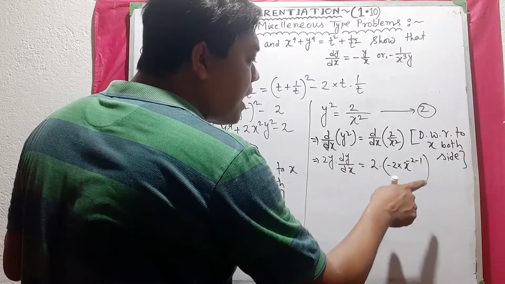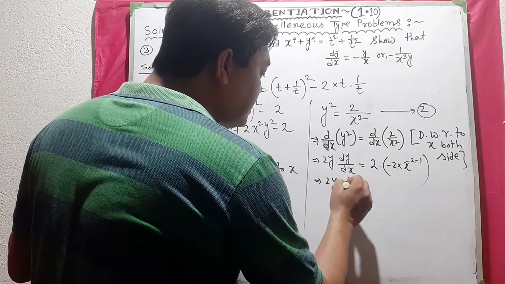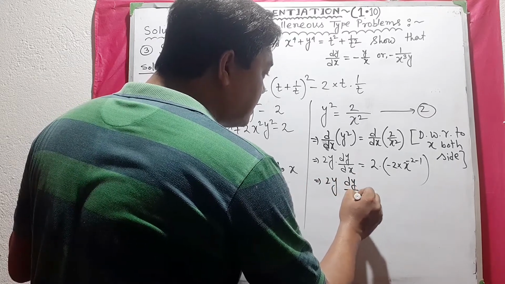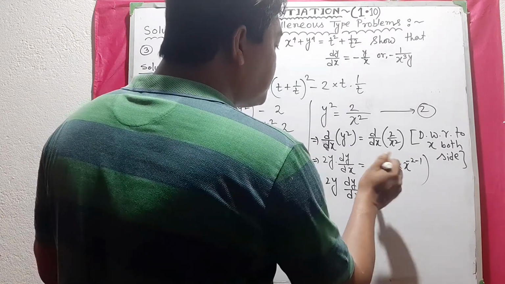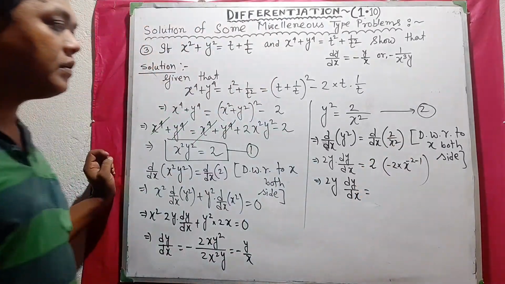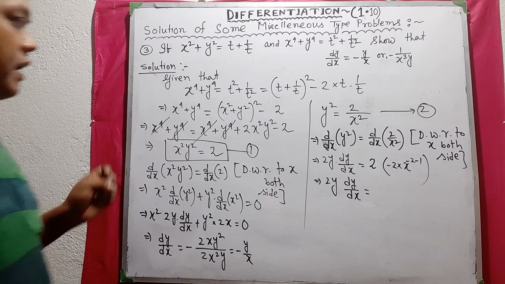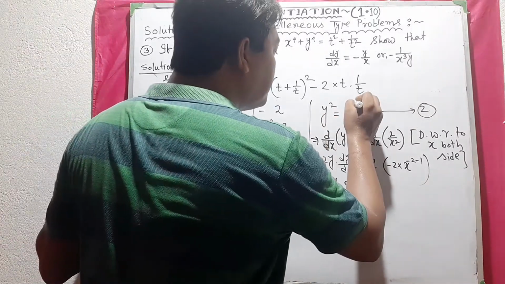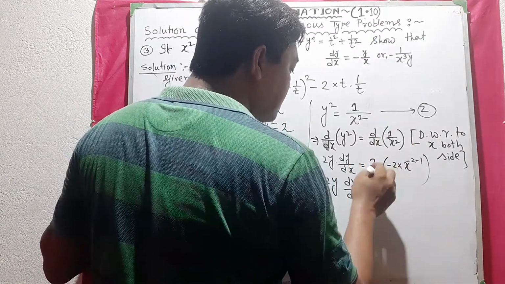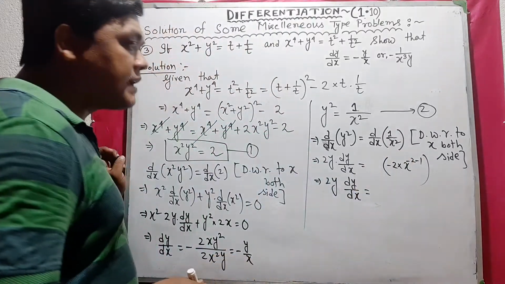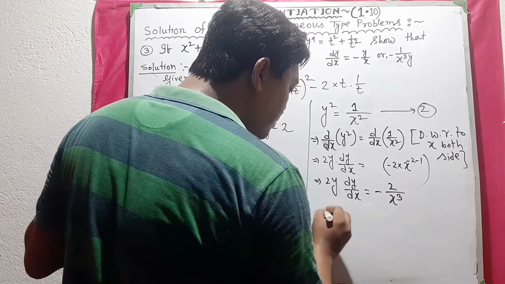So n into x to the power n minus 1. So that gives 2y dy dx equals, and so 2 is already present here. Okay, so this is y square equals 1 by x square. This is 1 by x square. So minus 2 x to the power minus 2, so that is minus 2 by x cube.